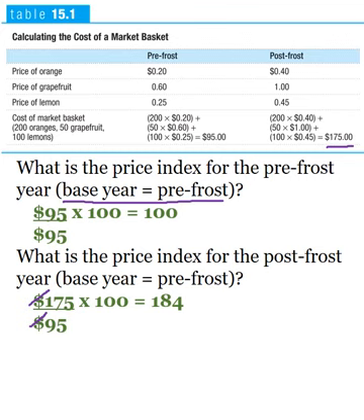So following what we were learning before, what happened to inflation from pre-frost to post-frost? Do we have inflation or deflation? We have inflation, and we know how much. We have 84%, because 184 is 84% larger than 100.